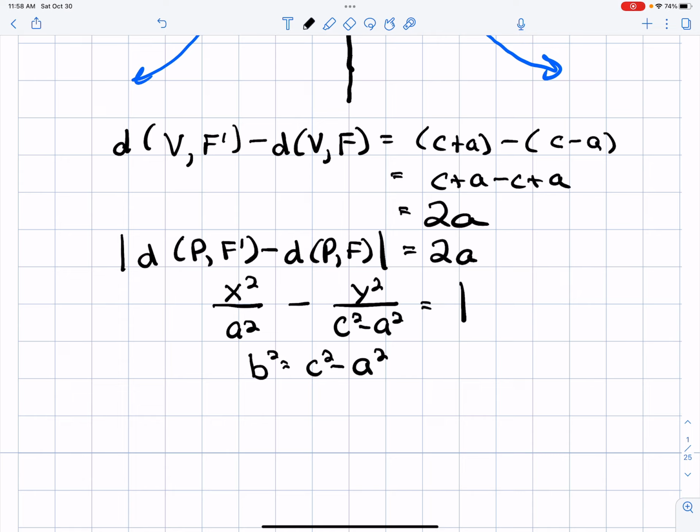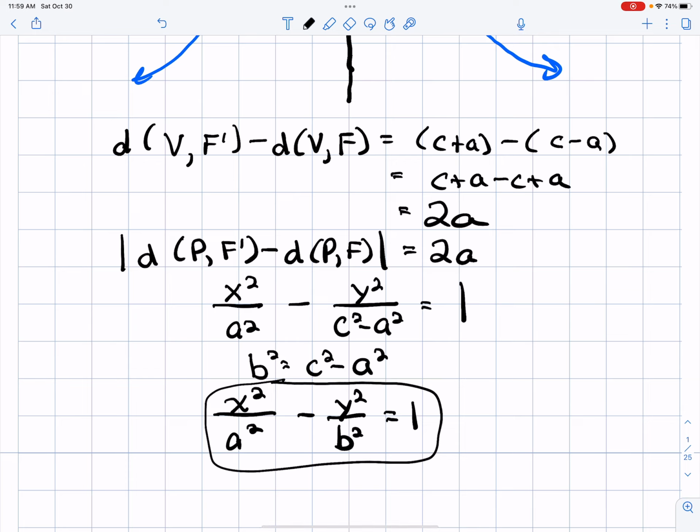So then you can clean up that equation and say for a hyperbola centered at the origin, x squared over a squared minus y squared over b squared equals 1. And you might notice the equation looks kind of similar to that of an ellipse. But there's one key difference just glancing at the equation, and that is you see a minus sign instead of a plus sign.